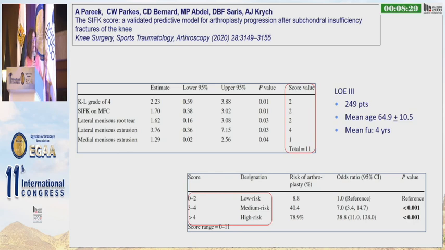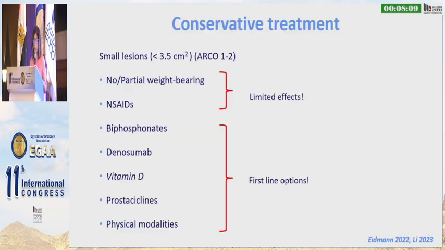If the osteonecrosis, the bone edema, involves the medial femoral condyle, and if there is any meniscal tear or extrusion. And they tried to figure out the score, dividing into low, medium, and high risk to suggest when it's better to start thinking about an arthroplasty from the beginning.